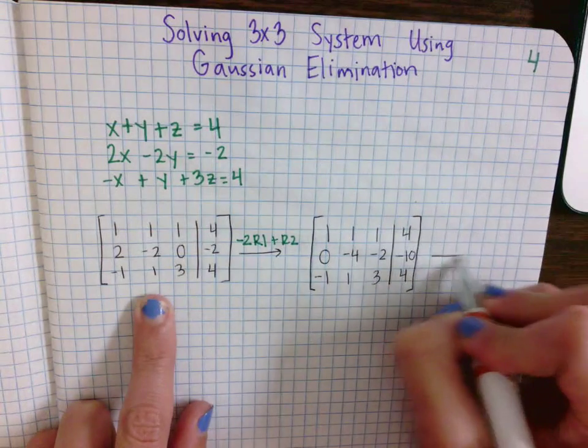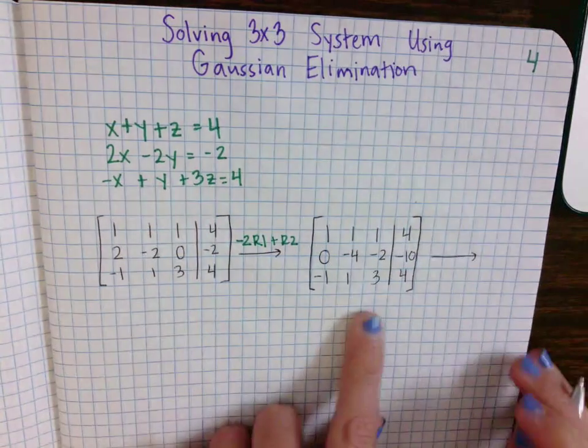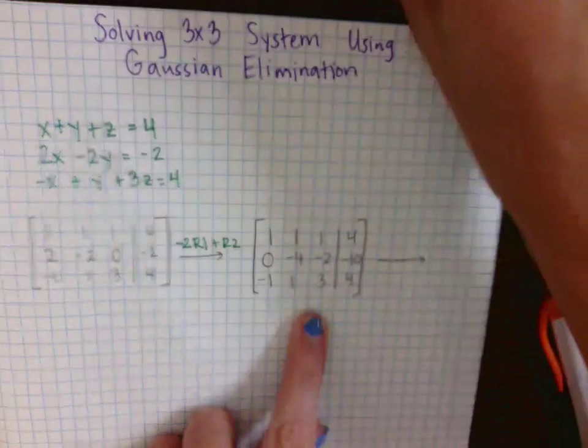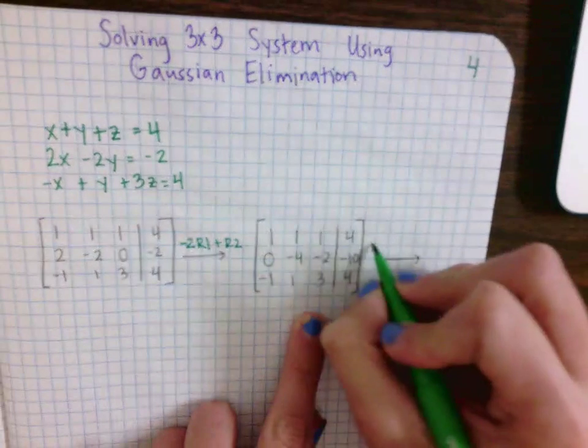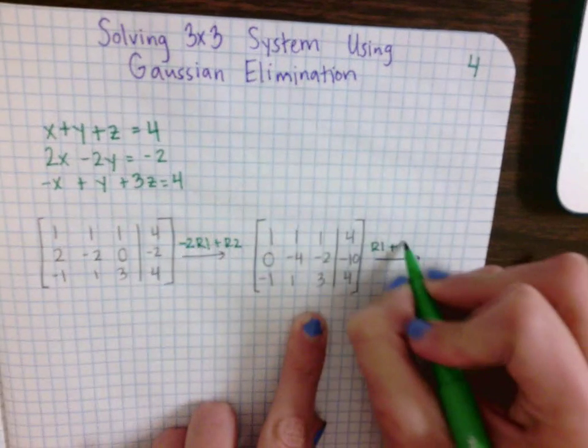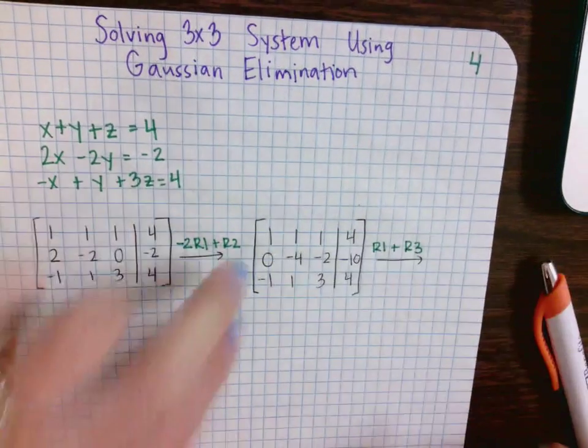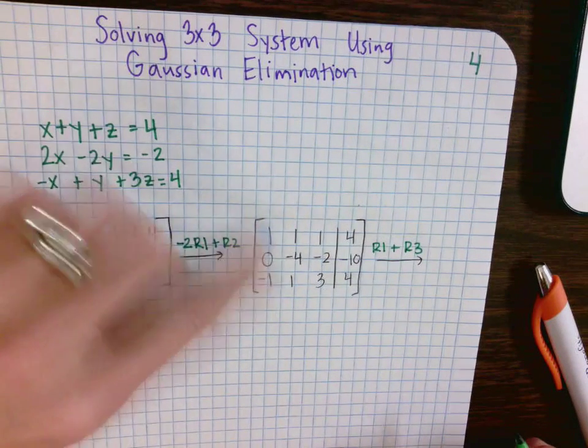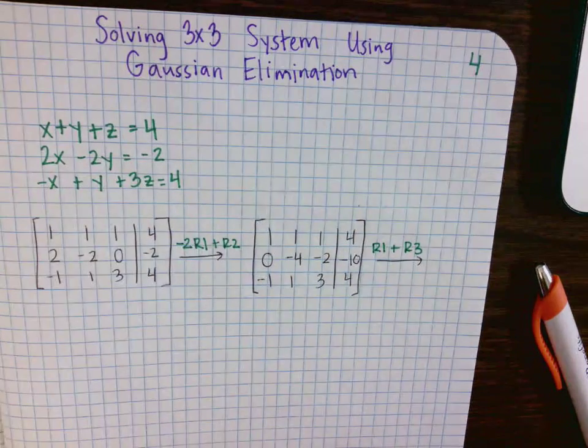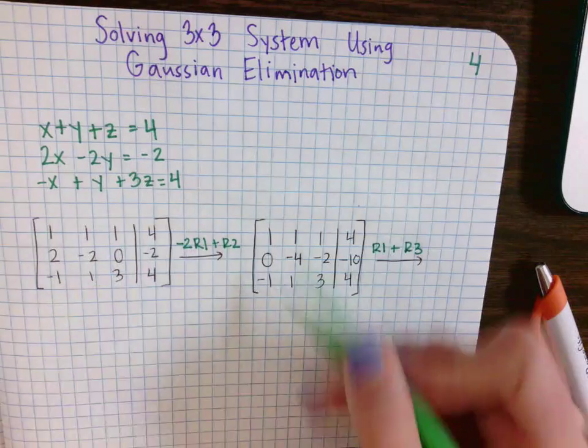Okay. So for this next step, you're going to add row 1 to row 3, because you can see that you can eliminate this first x.